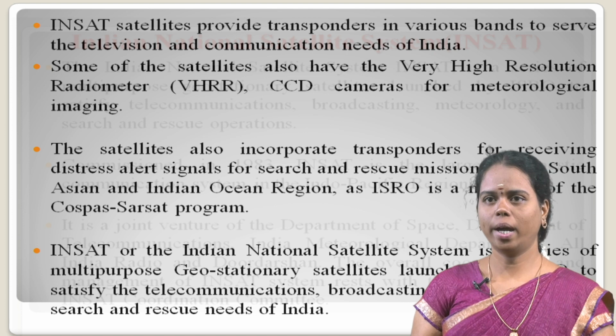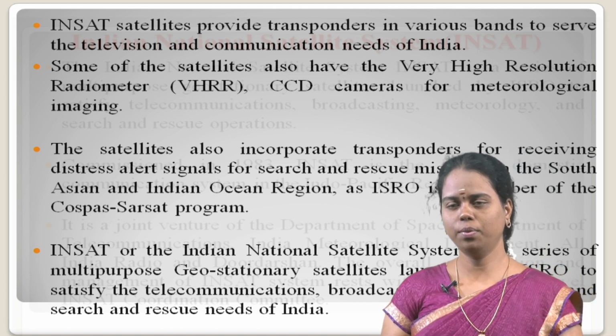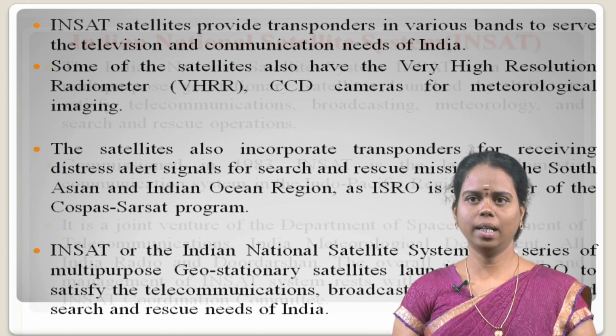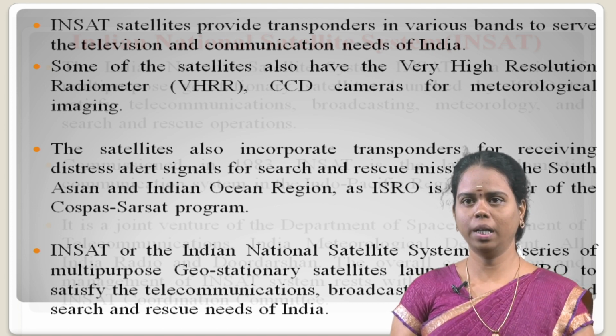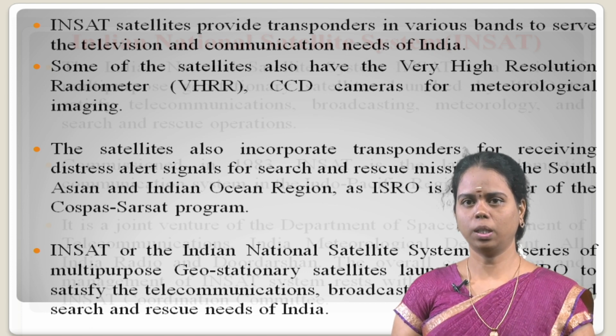INSAT satellites provide transponders in various bands to serve the television and communication needs of India. Some of the satellites also have very high resolution radiometer and CCD cameras for meteorological imaging.